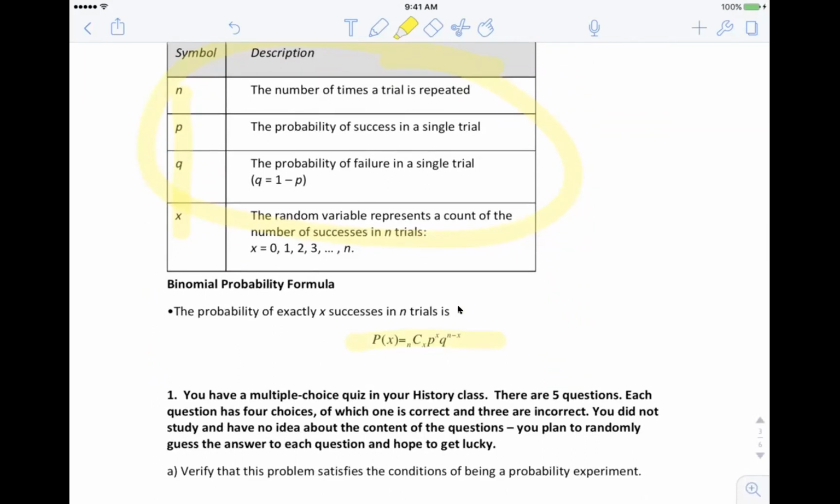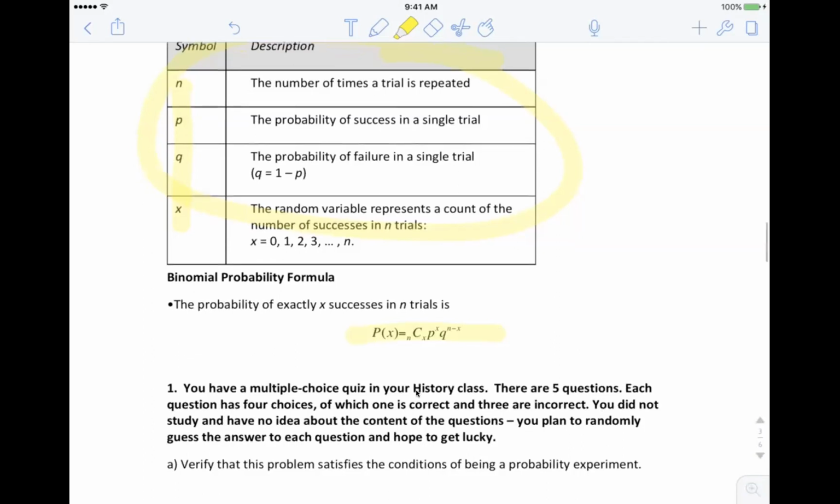Okay, so here's our example. You have a multiple choice quiz in your history class. There are 5 questions. Each question has 4 choices, one of which is correct, and then there are 3 that are incorrect. You did not study and you don't have any idea about the content. You plan on just randomly guessing. All right, so we're going to do some questions about that.